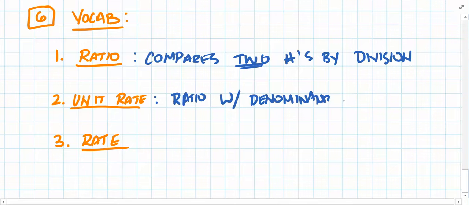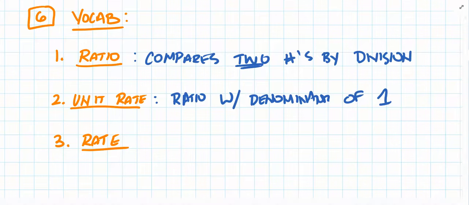That's equal to 1. So that's what a unit rate is, right? So a ratio is a comparison of two numbers by division, like 1/3. That's a ratio. A unit rate is a ratio where the denominator is 1. So we have like 60 seconds per 1 minute. So that would be a unit rate, right? 60 seconds per 1 minute. That's a ratio where the denominator is 1. Does that make sense?